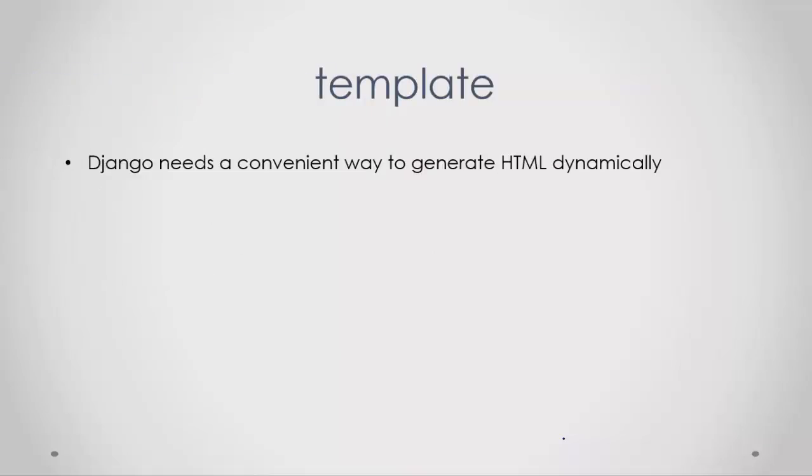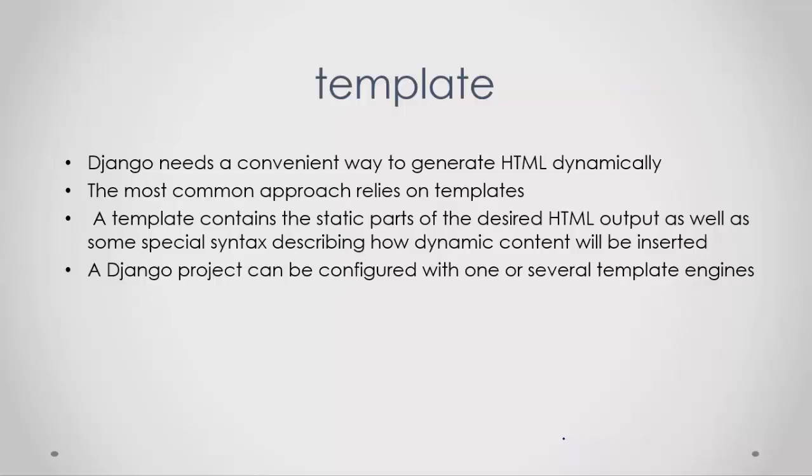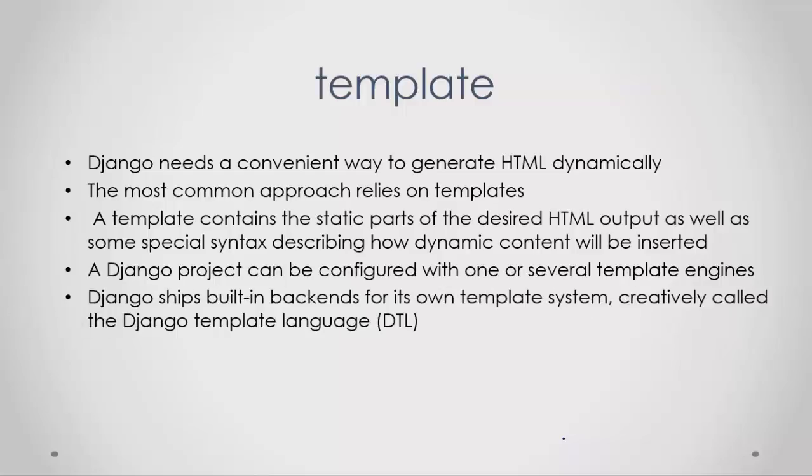Django needs a convenient way to generate HTML dynamically. The most common approach relies on templates. A template contains the static parts of the desired HTML output, as well as some special syntax describing how dynamic content will be inserted. Okay? A Django project can be configured with one or several template engines.